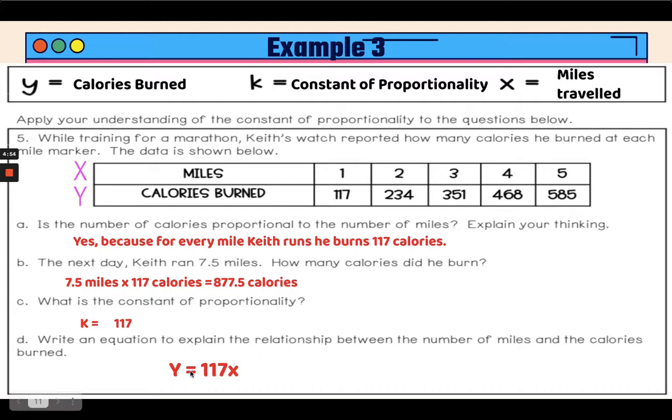So our y value will always equal 117 times x. That's what we did here. We took our x of 7.5 times 117, and we found our y. So in this problem, our equation would be y equals 117x. And remember, if they're together like this, that means to multiply.